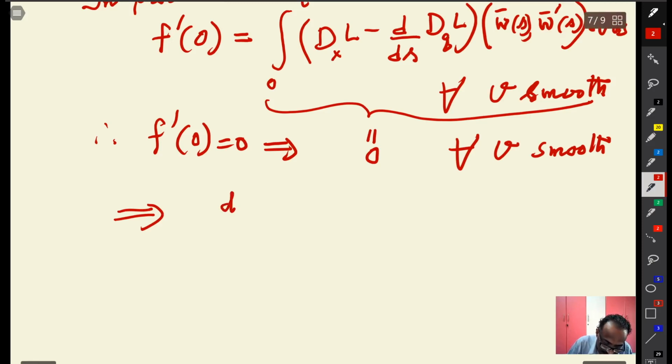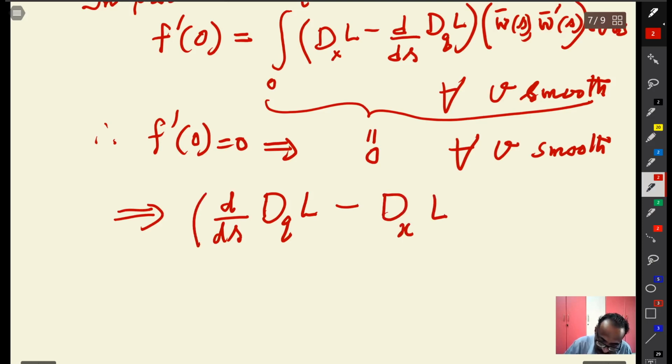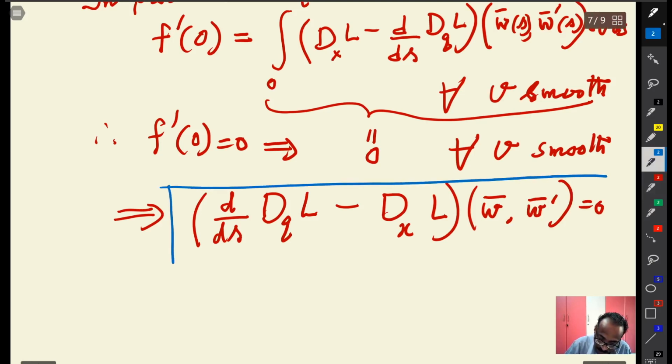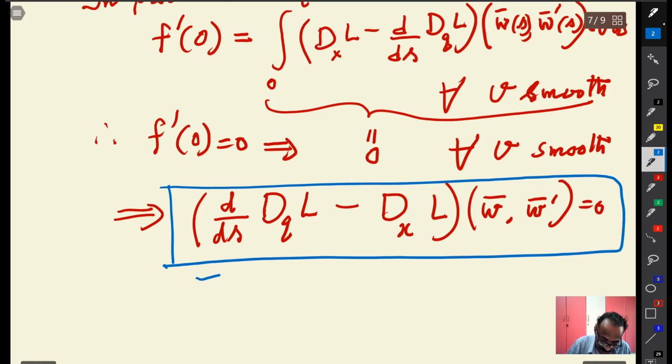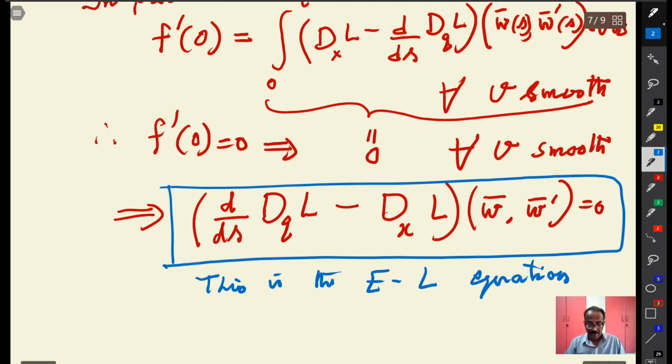Let me write it in a standard format: d by ds of dq of L minus dx of L, evaluated at the optimal solution w bar, w bar prime, is equal to 0, and this is the Euler-Lagrange equation. So if w bar is an optimal solution, then it satisfies this.